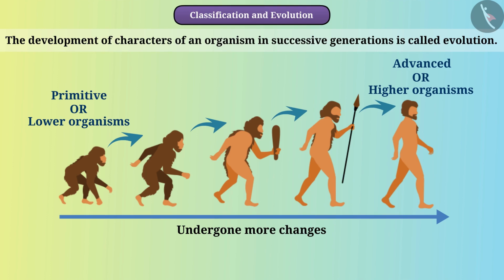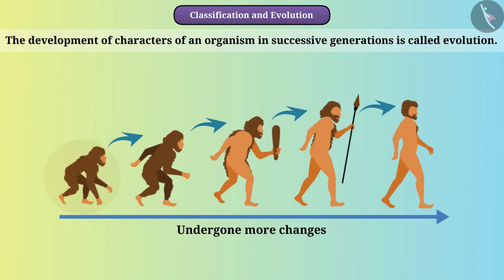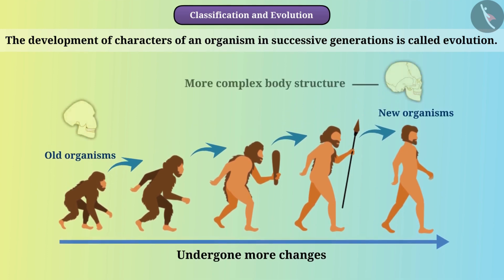Keep in mind that these words are not related to progress. To remove this confusion, we can call the first type of organisms old organisms and the second type new organisms. The body structure of new organisms is more complex than the body structure of older organisms.